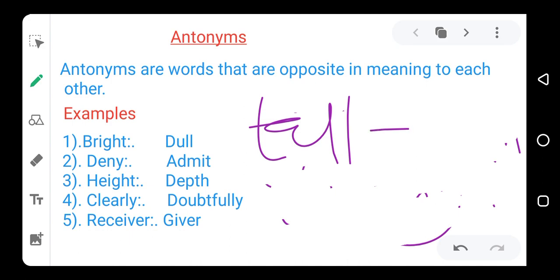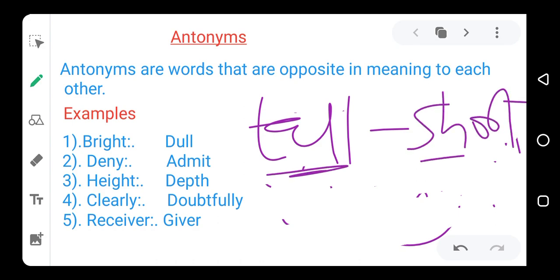So when somebody says tall, the opposite that will come to your mind is short. Both tall and short are adjectives. Therefore, we have antonyms in adjectives.